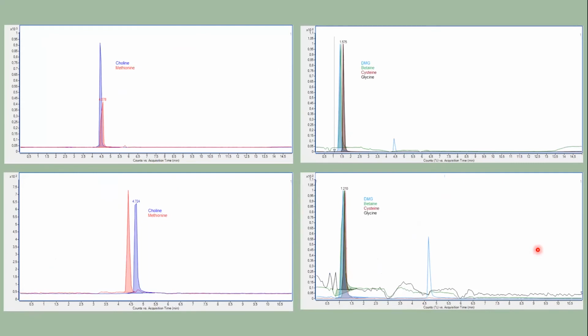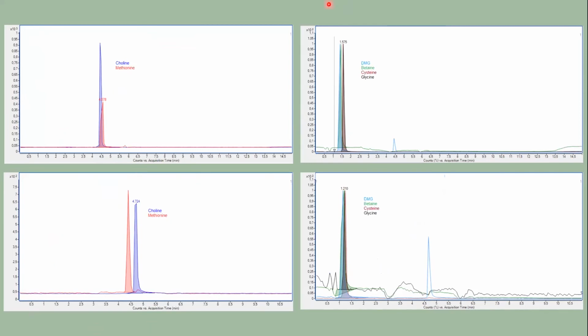To improve this, I adjusted the gradient of the mobile phases used by them. And during this adjustment of the gradient, I managed to obtain chromatographic separation between choline and methionine. This is before I changed the gradient, and this was after.